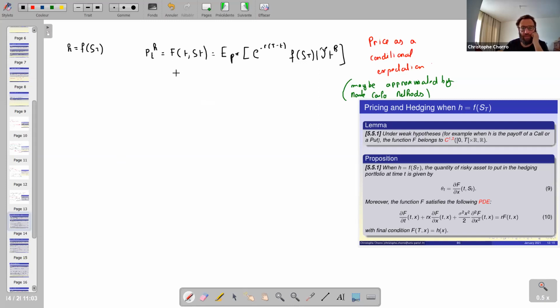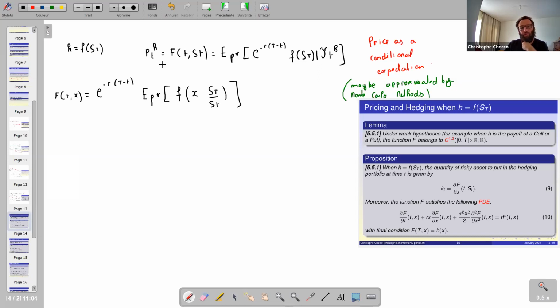we have seen together that f_t(x) is equal to exponential of minus r(T minus t), times the expectation under P star of f(x S_T over S_t).